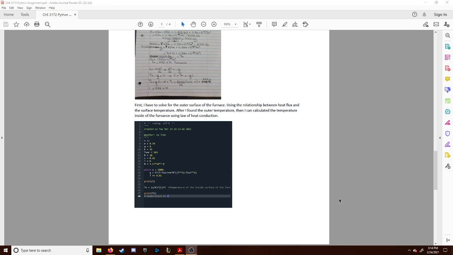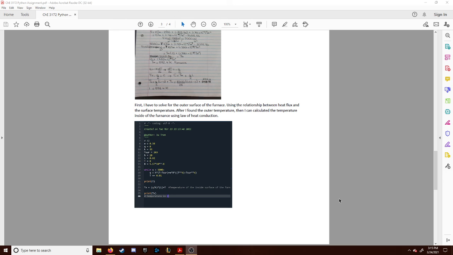And so for this one, I did the same loop as I did with problem number one because I can't isolate T since it's raised to the fourth power. And so in order to solve for this, I have to do a loop that goes up by 0.1 to make it more accurate, because if I go by 1, then it's not as accurate because it will skip over the right answer.